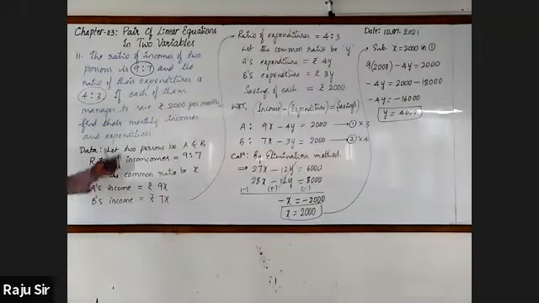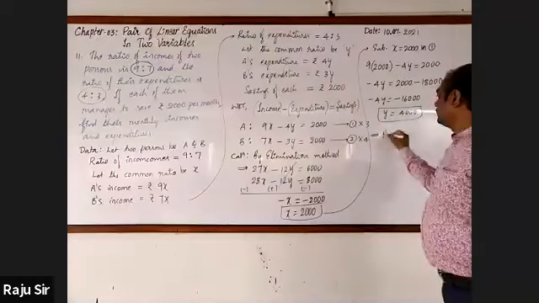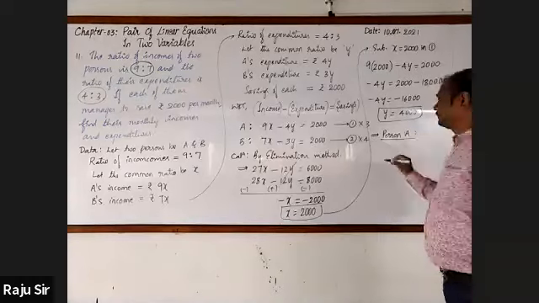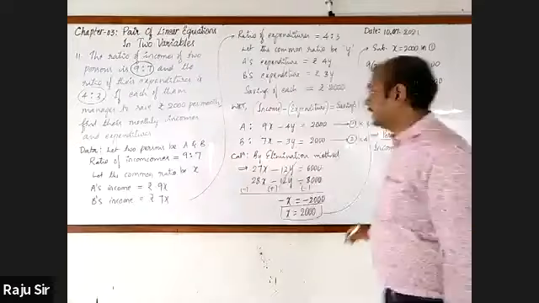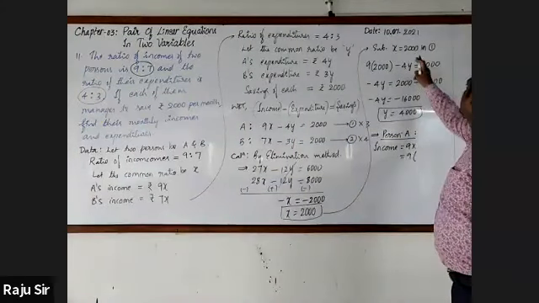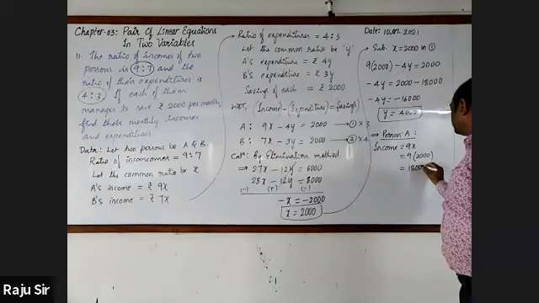But we want the income and expenditure of each person. With respect to person A, his income is 9x. So 9 into x, which is 2,000, will be 18,000 rupees.